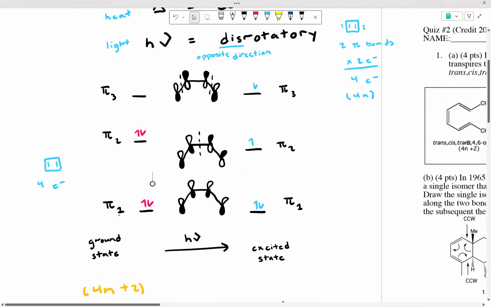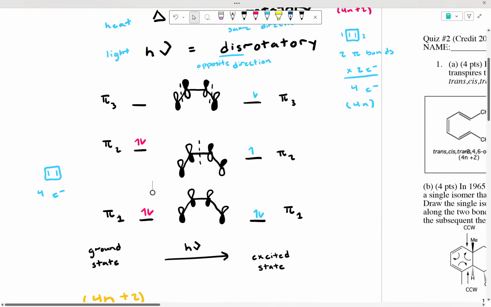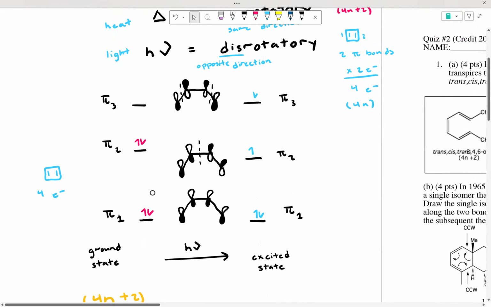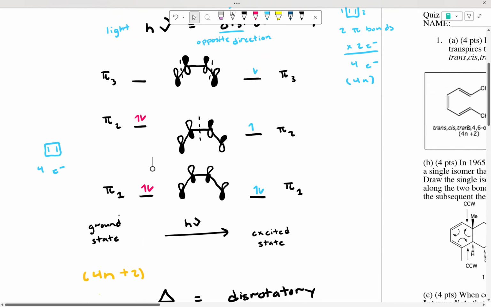If you look at our excited state, you can see that we have two in the lowest, and then one in pi 2 and one in pi 3. But before I get ahead of myself, let's just look at the ground state. This is the normal state that the electrons in the bonds are going to be oriented.